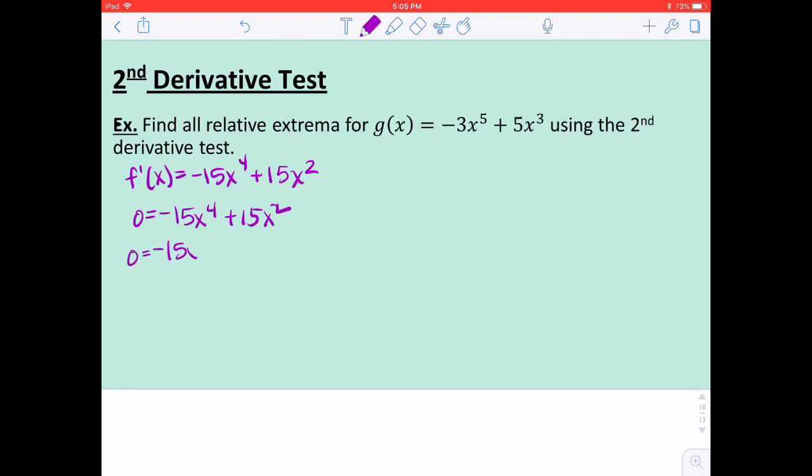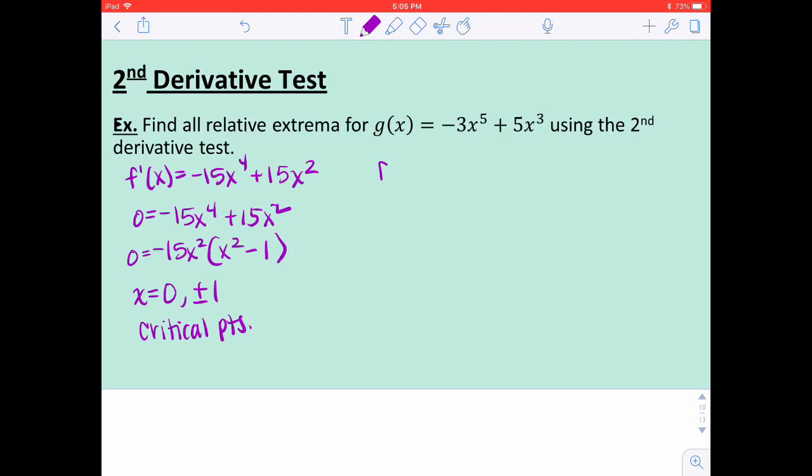-15x squared we could take out, so we get x squared minus 1. So we have x can either be equal to 0 or positive or negative 1. Okay, so then these are our critical points.